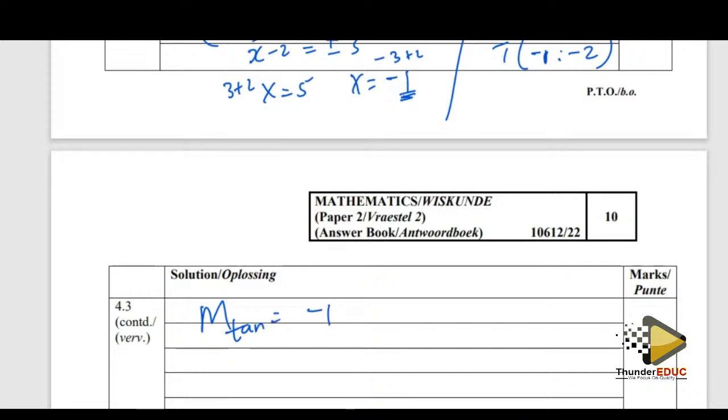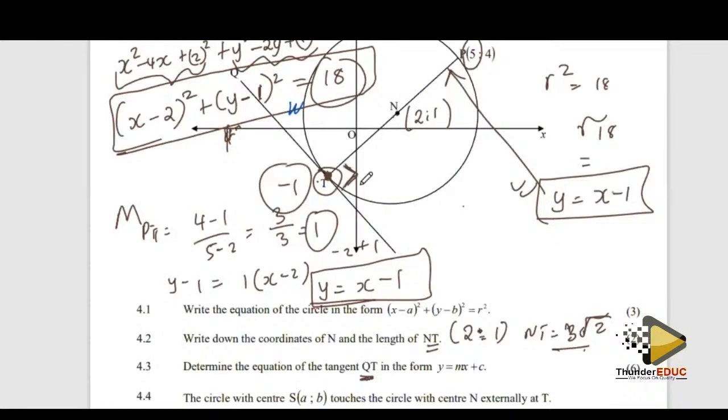The product of the two gradients must give us negative 1. So it's like a 1 times another gradient of the tangent must give us negative 1. This was a positive, sorry.